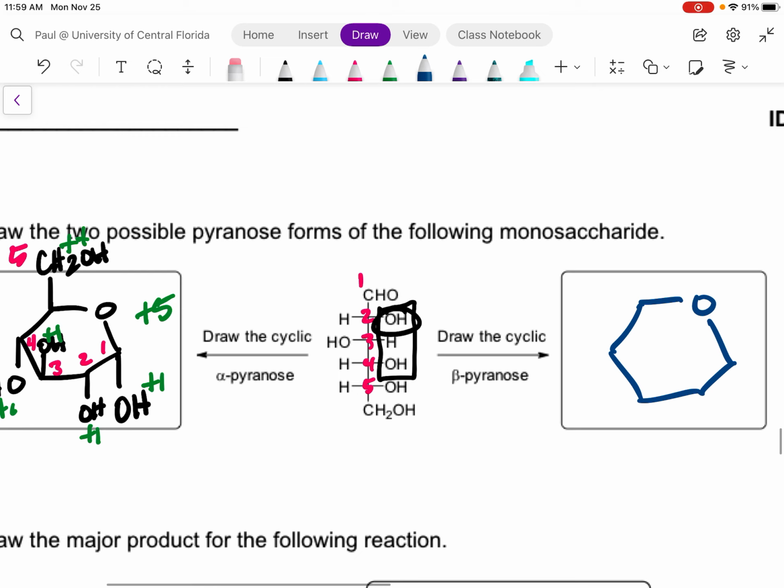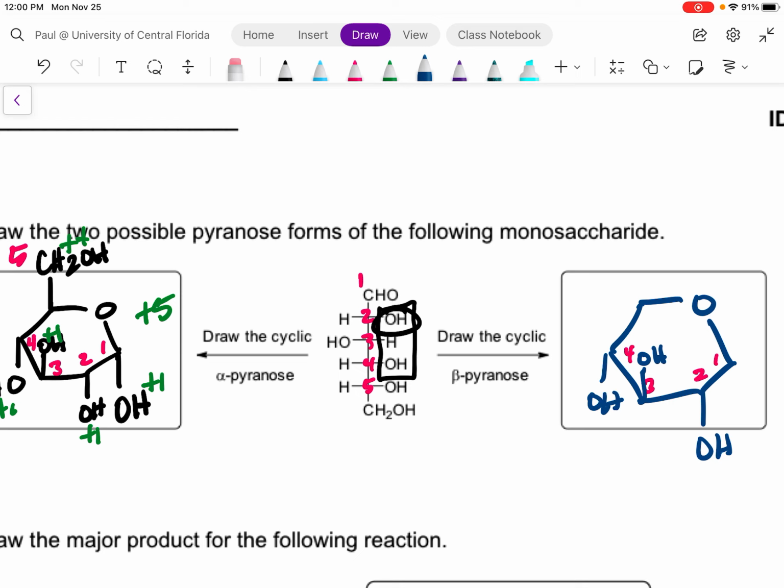So if we look at carbons 2 through 4, they have to match what we just did. So that means carbon 2 is down, carbon 3 is up, and carbon 4 is down.